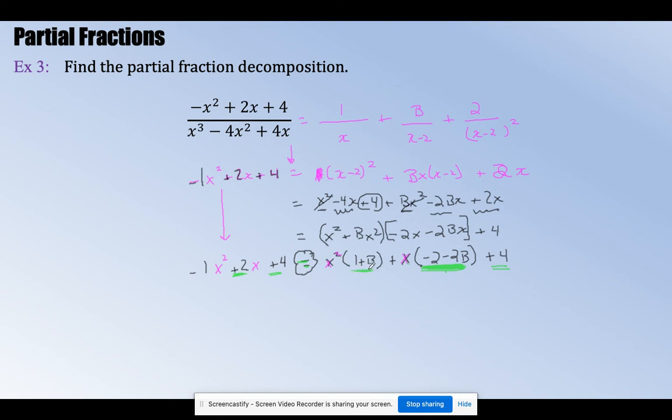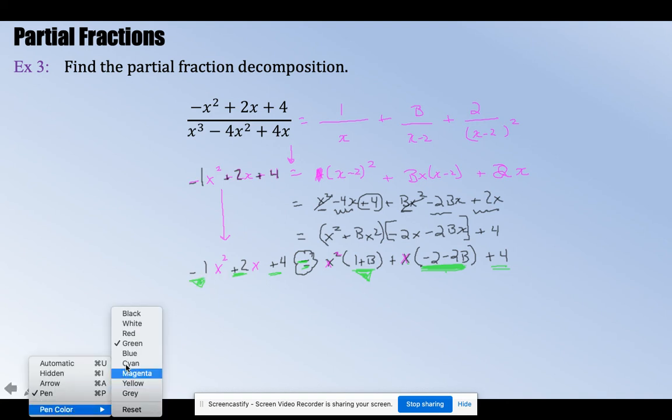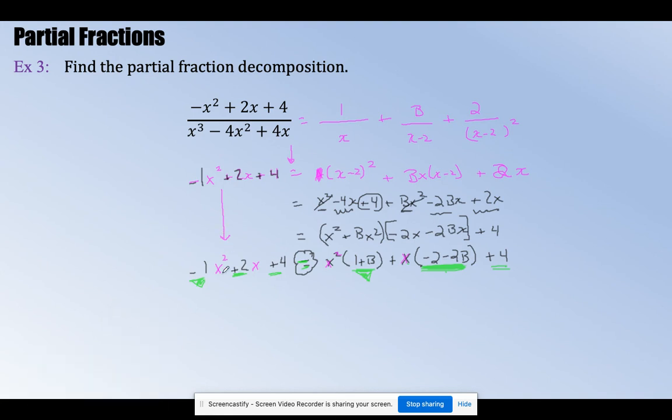Look at your x squared. What's the coefficient on x squared on the right? 1 plus B. That coefficient, if you believe in the equal sign, must be equal to the coefficient on x squared on the left side. So what does that say? -1 is equal to 1 plus B. At the same time, +2 is equal to -2 minus 2B. I don't care which equation you solve.